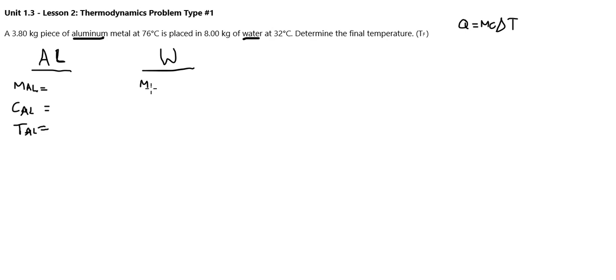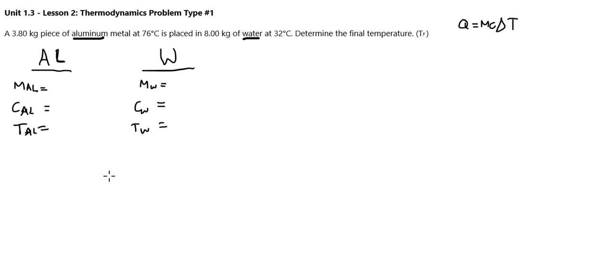MW, and if you don't understand what that means, it's saying the mass of aluminum, MAL, the mass of water, MW. Then CW, which is the specific heat capacity of water, and then TW, which is the temperature of the water.